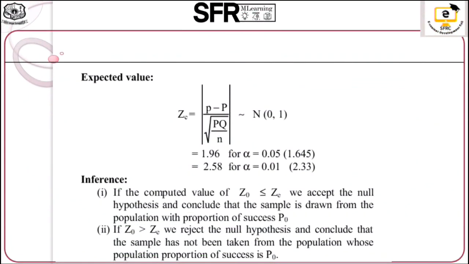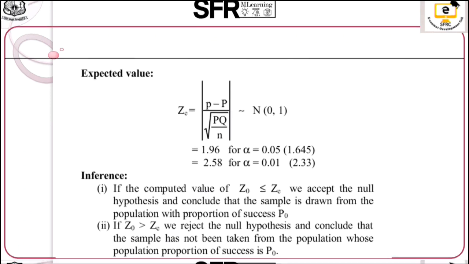The expected value ZC is also given, that is 1.96 for alpha equal to 5%, and 2.58 for alpha equal to 1%. Finally we get the conclusion: if Z0 is less than or equal to ZC, we accept the null hypothesis. If the found value Z0 is greater than ZC, we reject our null hypothesis.